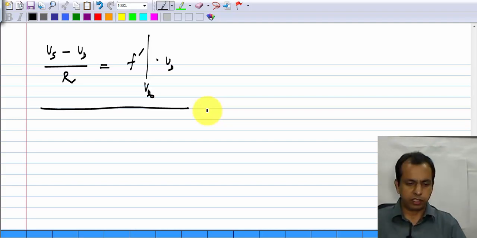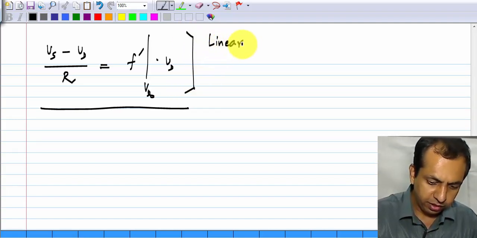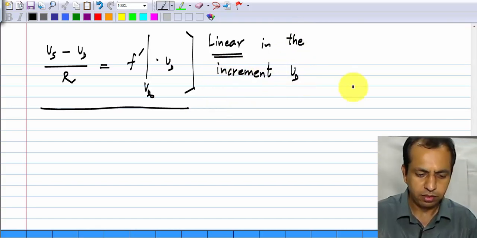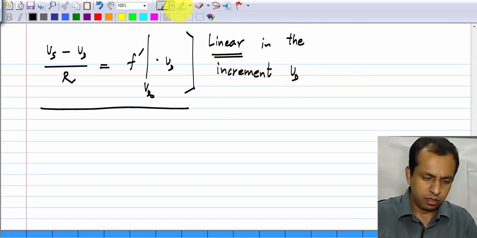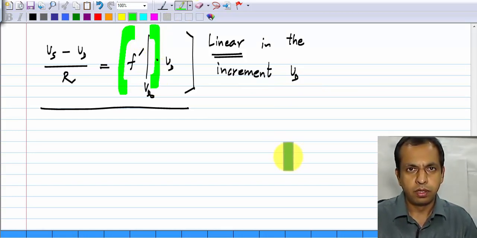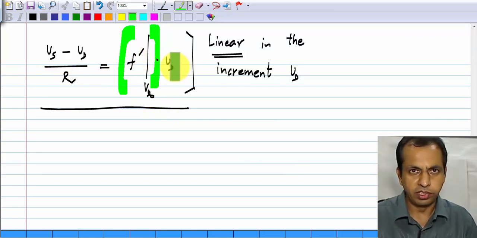Now, what is the significance of this? This is linear in the increment Vd. Now, there is this constant that depends on the operating point, but as far as this equation is concerned, that is just a constant.